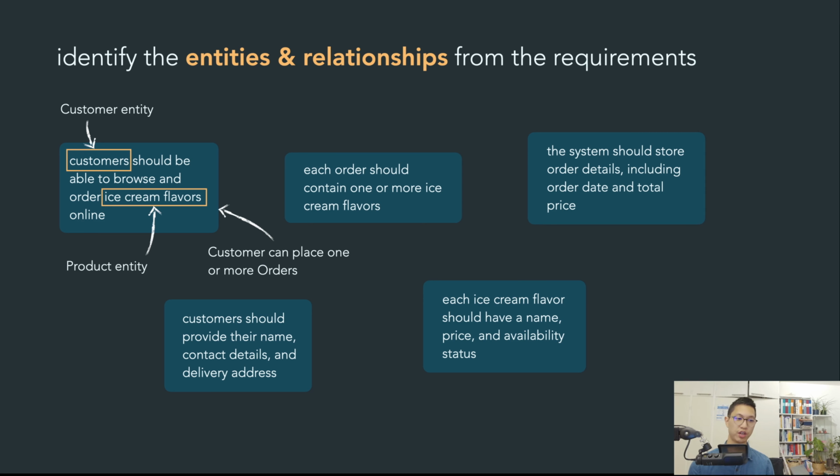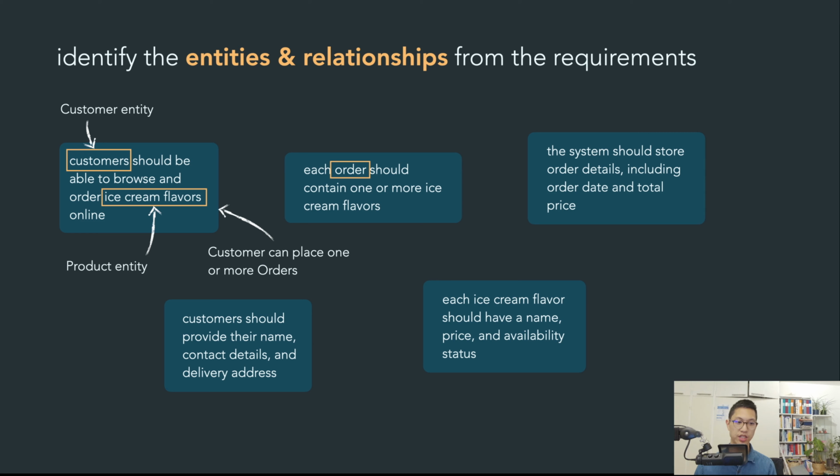And here we have a statement. Customer can place one or more orders. Right? Because customers should be able to browse and order ice cream flavors online. So if you think about this, you can come up with that customer, they can place one order, but they can place several orders.